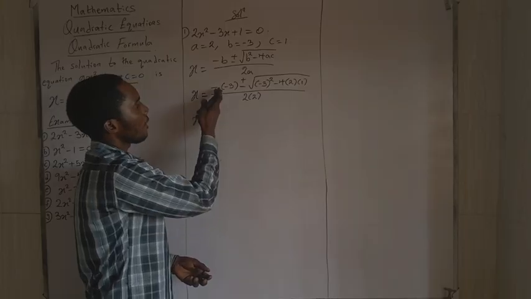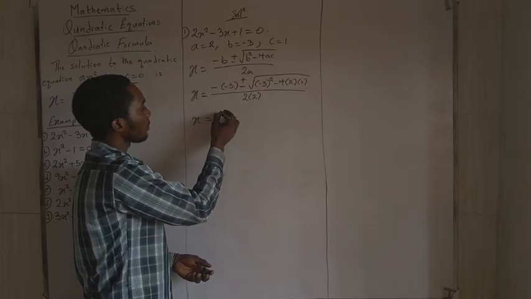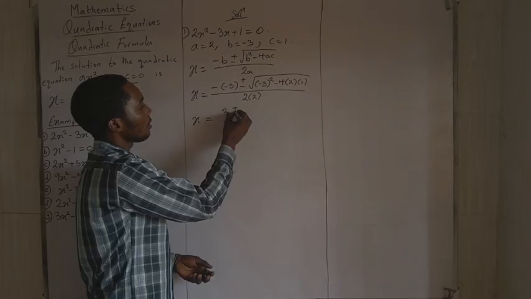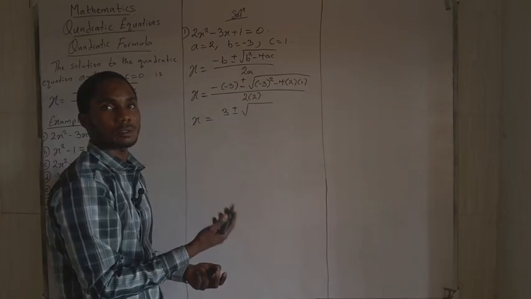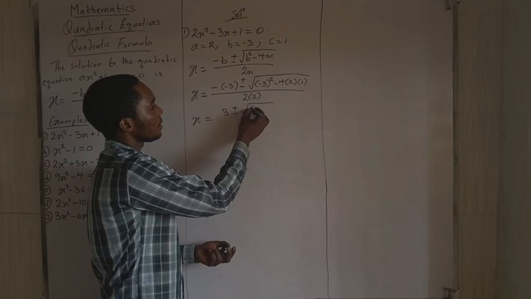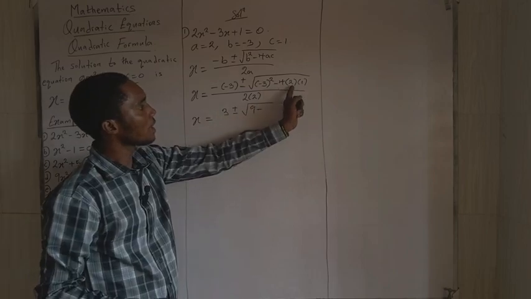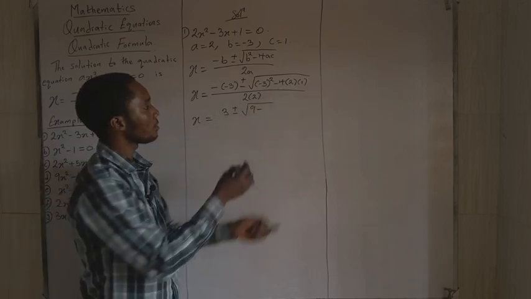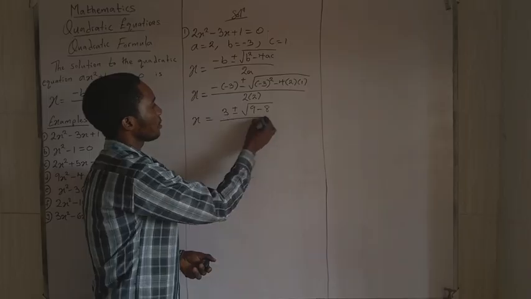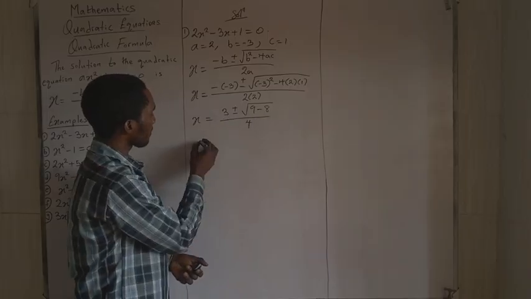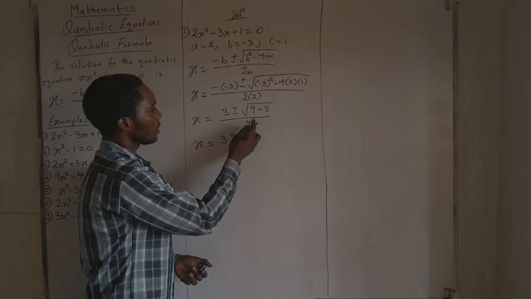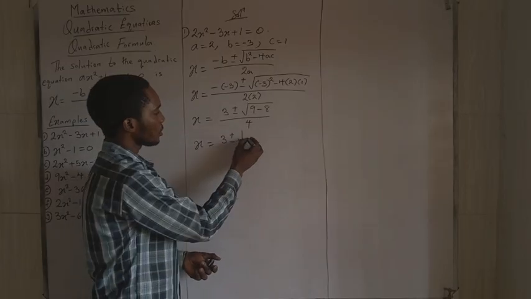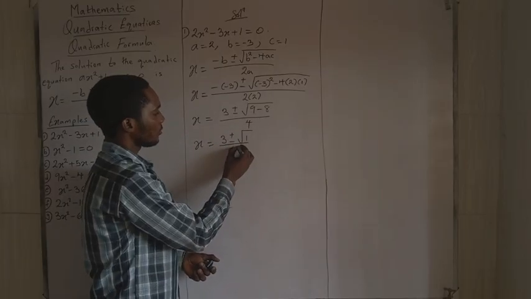x equals minus times minus, that is plus. Plus 3 plus or minus the square root of 3 times 3, 9, minus 4 times 2, 8, times 1, still 8, over 4. x equals 3 plus or minus the square root of 9 minus 8, that is 1, over 4.